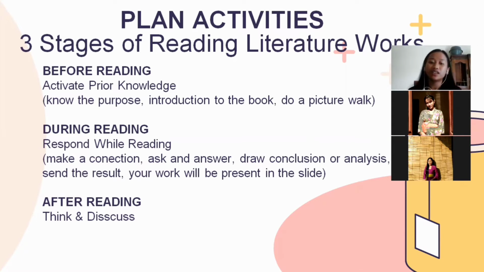And then during the reading, I will respond to you while you are reading. Here, we make a connection, ask and answer, draw a conclusion, or do an analysis and then send the result through WhatsApp group. And then your work will be presented in the slide. And after reading, we will think and discuss it together.